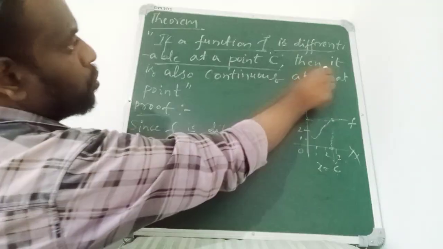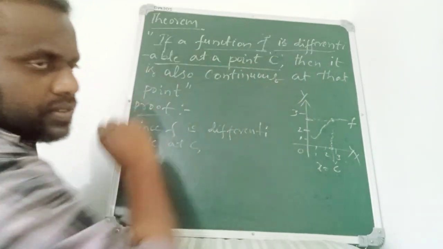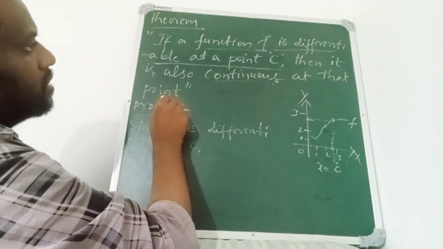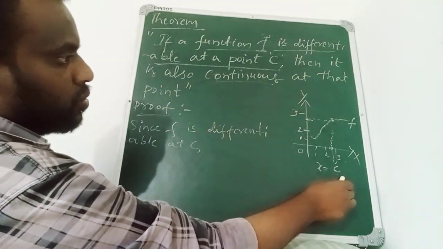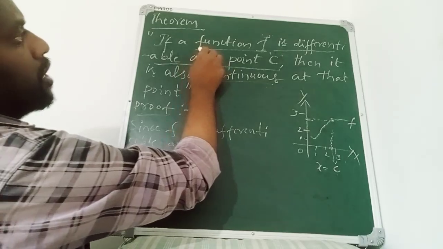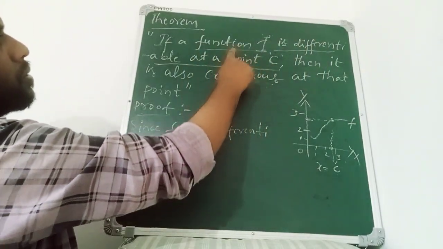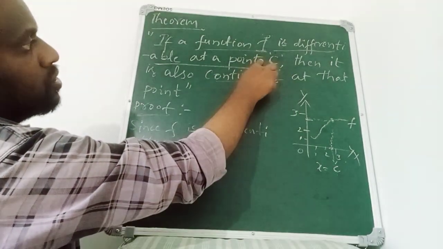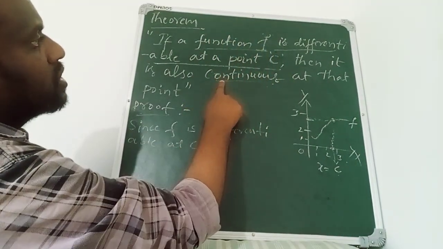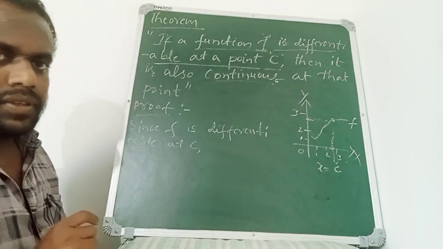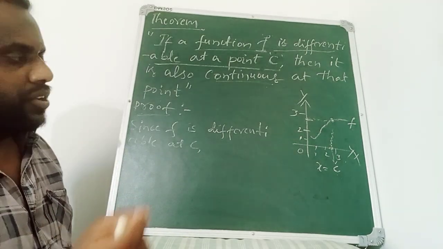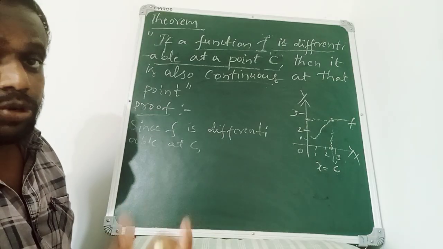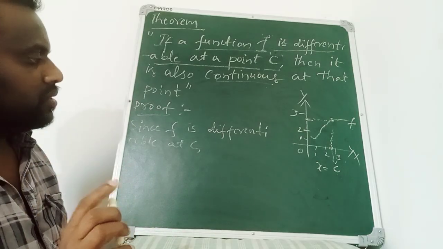Using this we have to prove it is also continuous. We have to prove the function is continuous at that point, I mean at x equal to c, using this statement, this first part: function f is differentiable at a point c. We have to use this to prove the function is continuous at that point. In the beginning you just understand this much. When we complete the theorem solution, you will understand better.